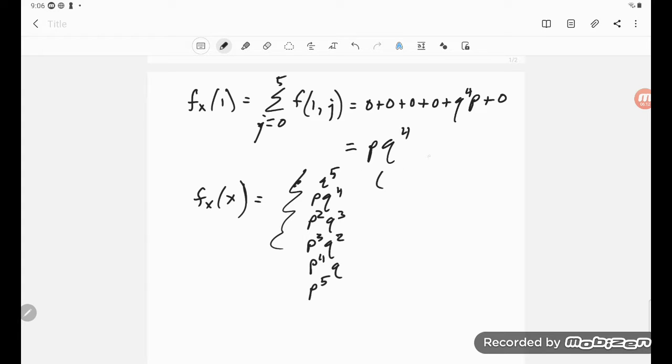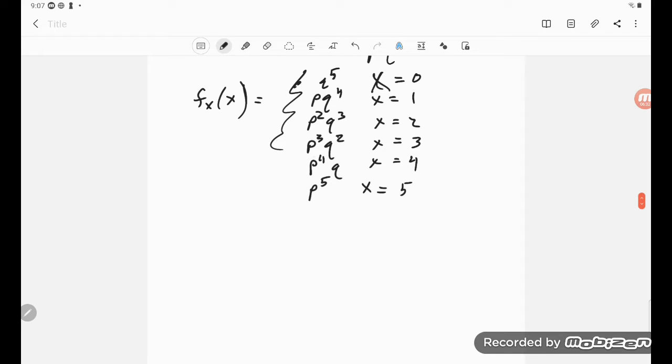So here x was equal to 0, then x is equal to 1, x is equal to 2, x is equal to 3, x is equal to 4, and x is equal to 5.